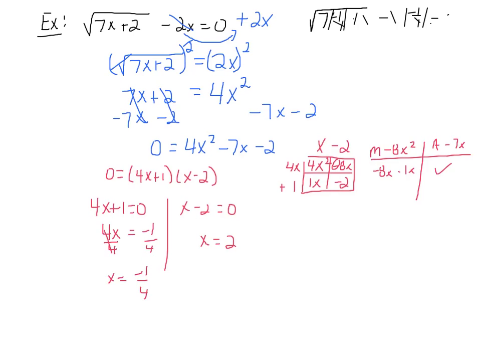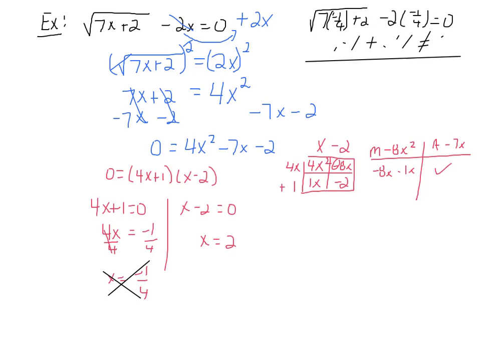All right, well, 7 times a negative 1/4 is a negative 7/4, and then plus 2, let's see, what would that be? It would be 0.25, and the square root of 0.25 is 0.05. And then a negative 2 times a negative 1/4 is a positive 0.05. And that does not equal 0. So this one is not an answer.